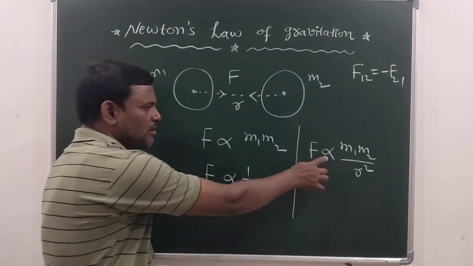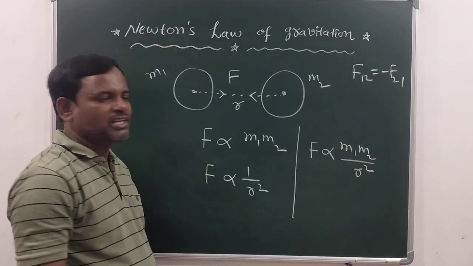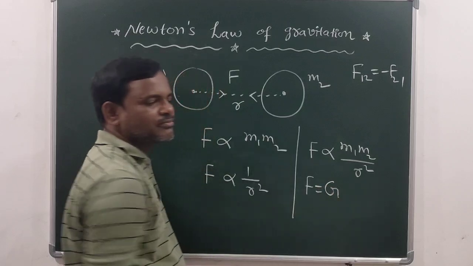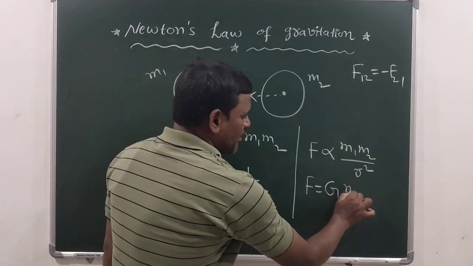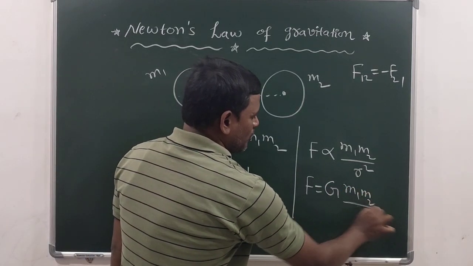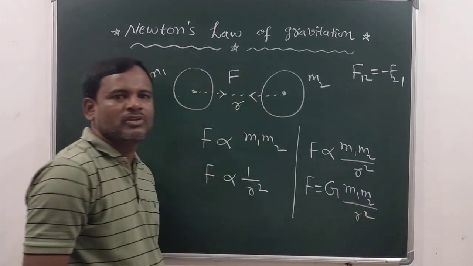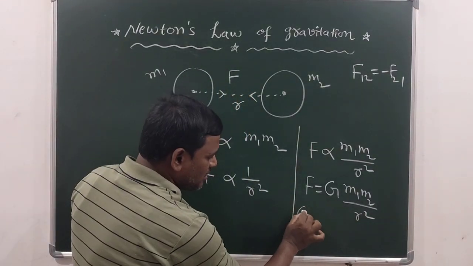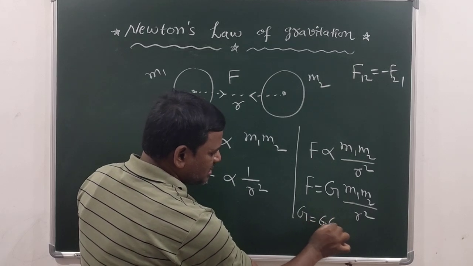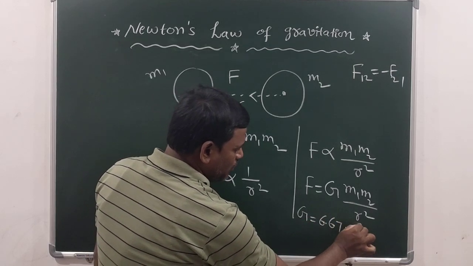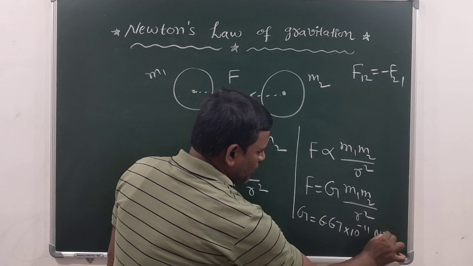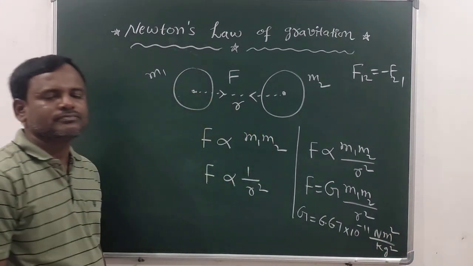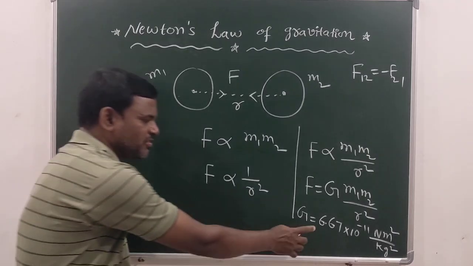If you remove this proportionality symbol, you have to add a constant called G: F equals G m1 m2 by r square. You know that the gravitational constant value is 6.67 into 10 to the power of minus 11 Newton meter square by kg square. Remember this value.